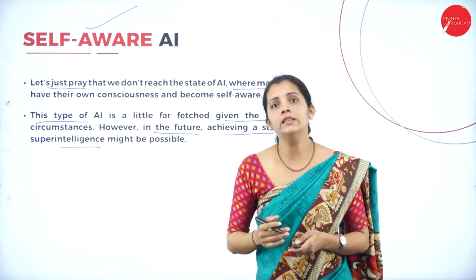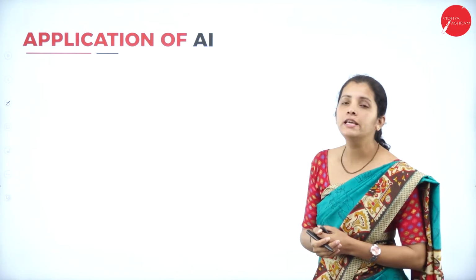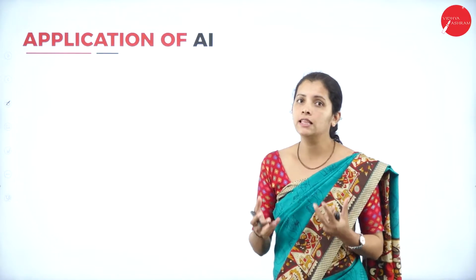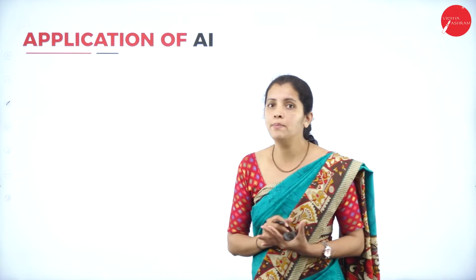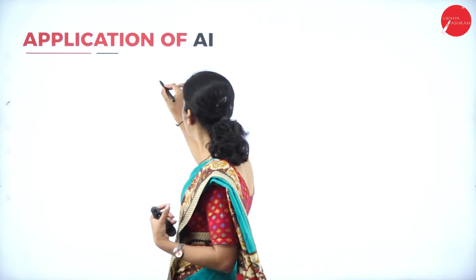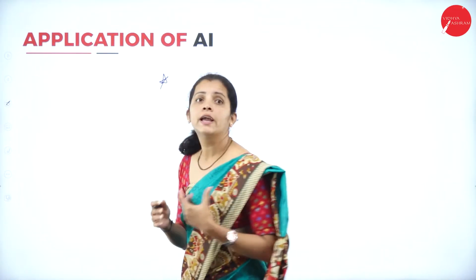Now, moving on to the next topic, that is applications of AI. That is nothing but the use of AI. In which fields can we use AI? The first one is education.